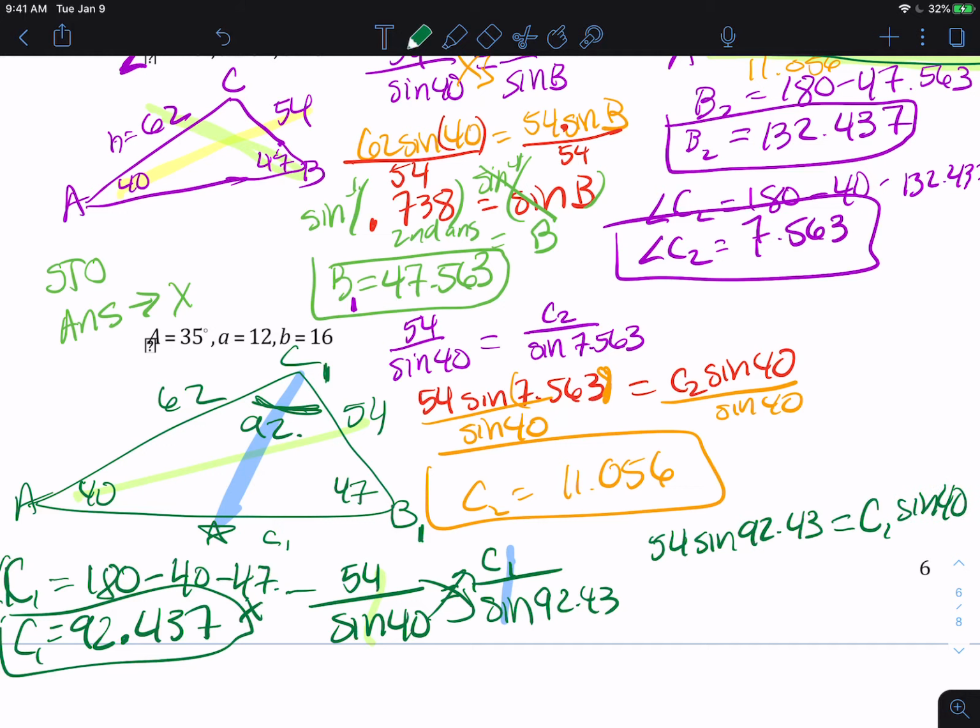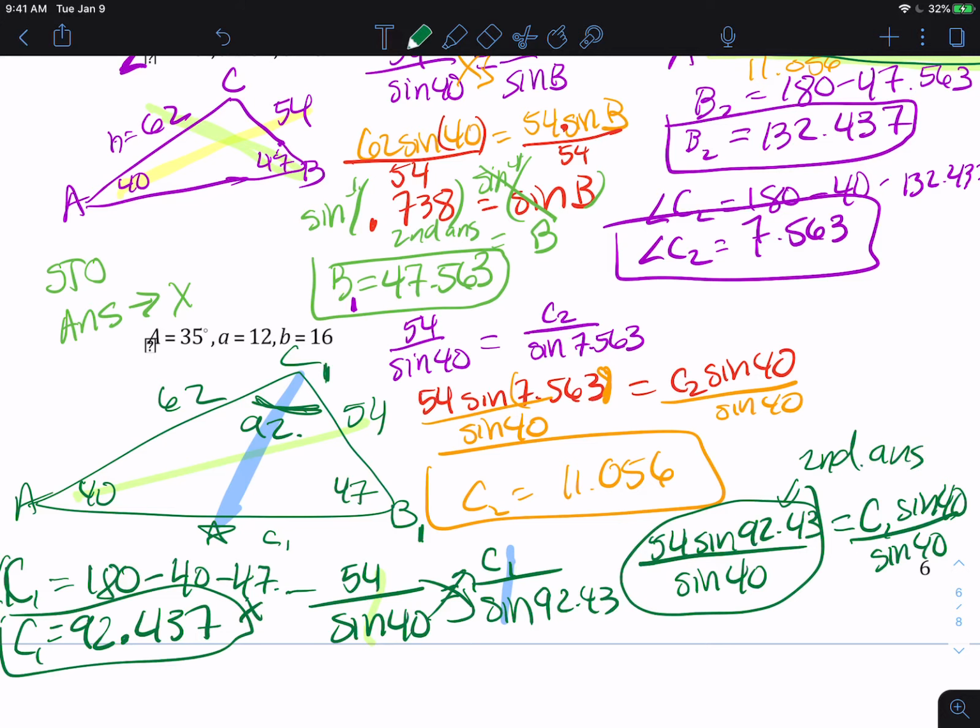Well, again, I'm trying to get the C1 by itself, so I want to undo the sine 40. So I'm going to divide by sine 40. And I'm going to put this in my calculator, but I'm going to use second answer for the 92 point whatever, because that's what's sitting in my calculator. So 54 sine of second answer, close your parenthesis, and then divide by sine 40.